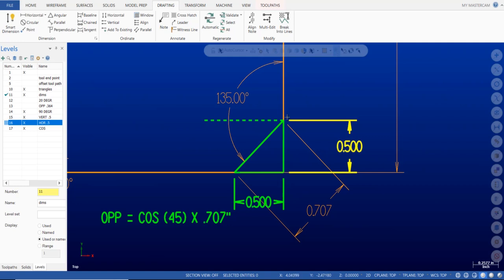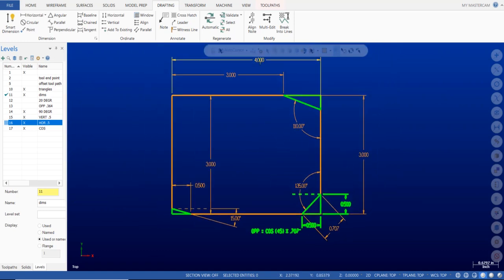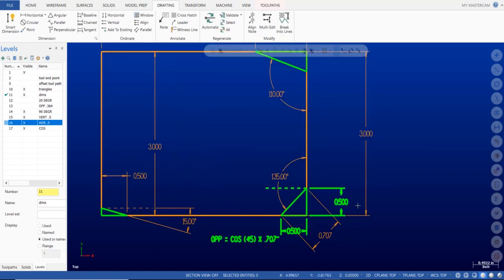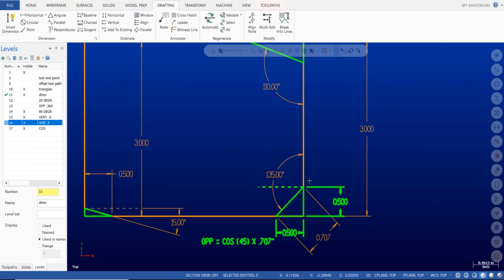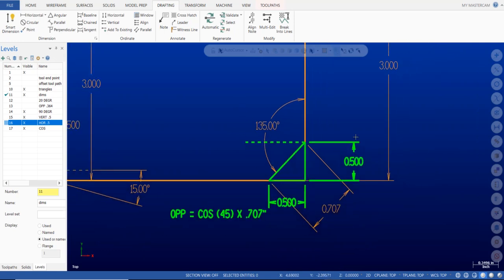Okay, so the intersection right here will be at X4 inches, Y minus 2.5. Because we know based on the drawing dimension that this leg is sitting at 4 inches. We just calculated this leg at half an inch, means that our X and Y coordinate is X4, Y minus 2.5. And of course, this intersection now will be X3.5, Y minus 3. So I hope that makes sense.